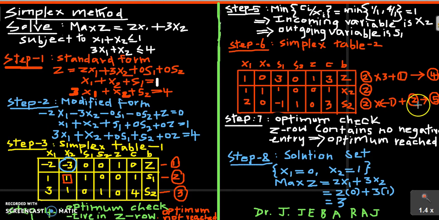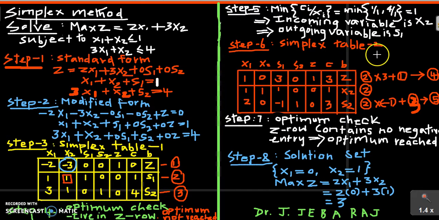So we get -1 plus 1 is 0, -1 plus 3 is 2, -1 plus 0 is -1, and -1 plus 4 is 3.